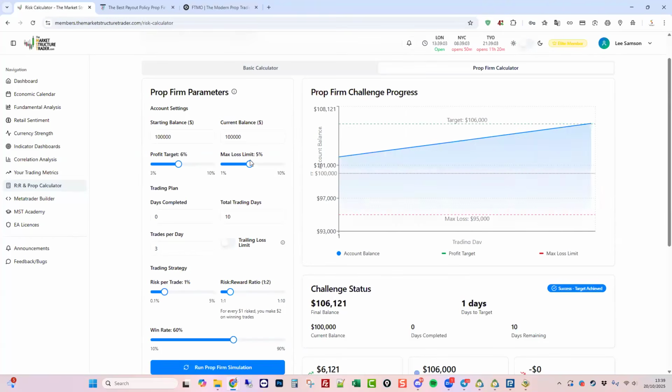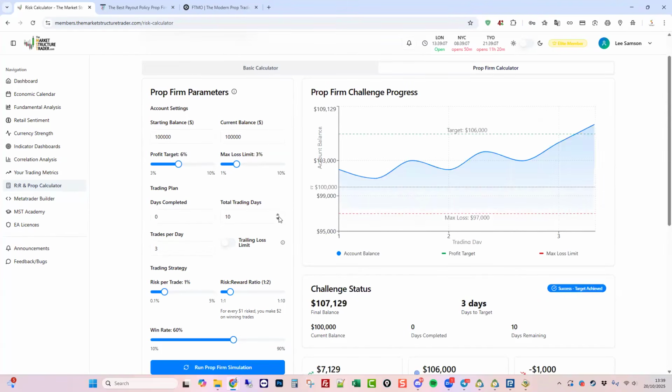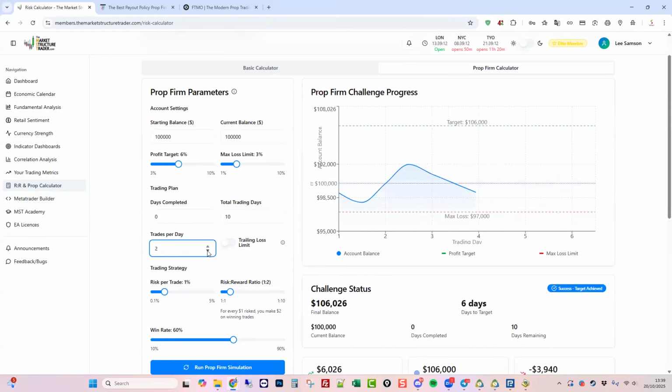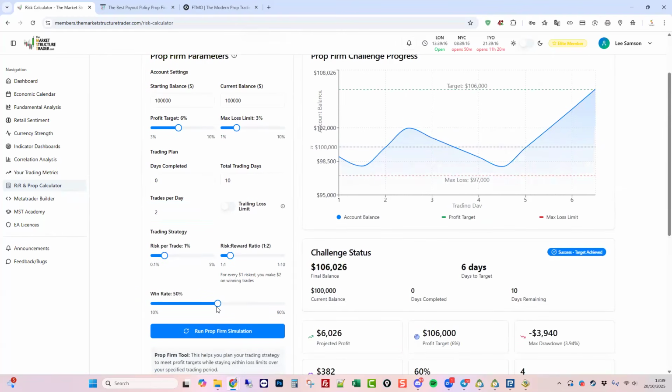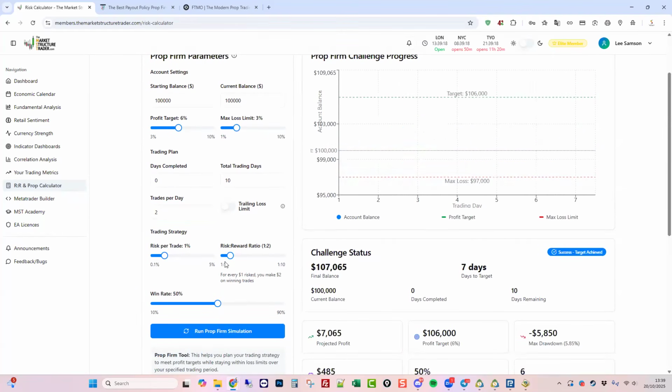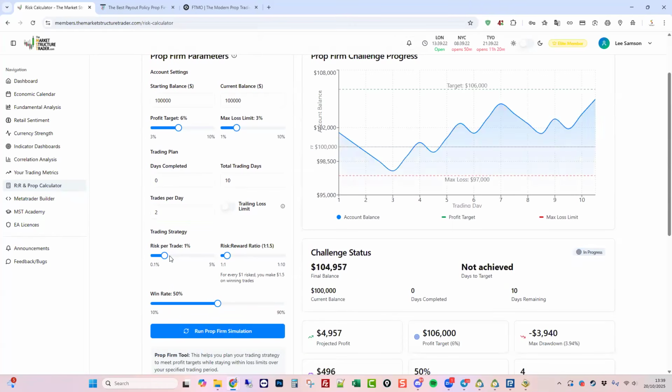And our maximum loss limit is 3%, 3,000. Let's say we'll take 2 trades a day and we're going to do it in 10 days. We've got a strike rate of, let's say, 50%, and we're going for a 1.5 reward. Risking 1% per trade.